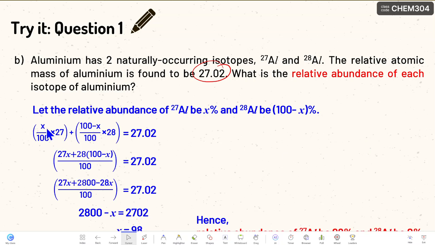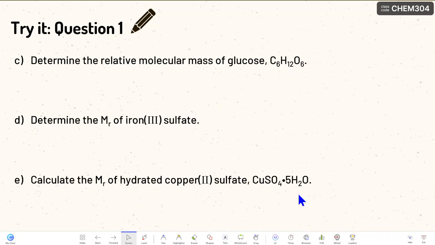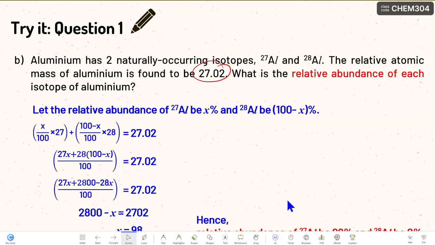And x over 100 times 27 plus (100 minus x) over 100 times 28 must equal the average. Just work it out, and the answer will be right at the bottom. The answer is 98% for the 27 Al, and 28 Al is equal to 2%. So that's the answer below.